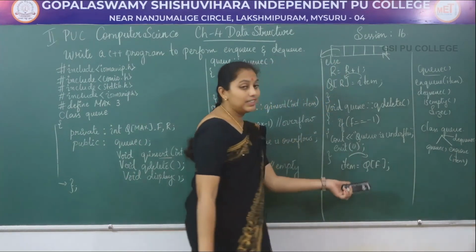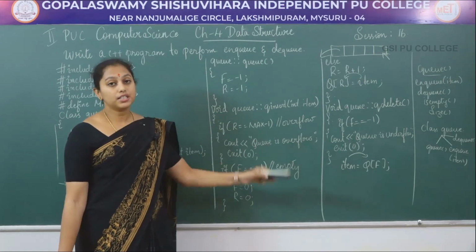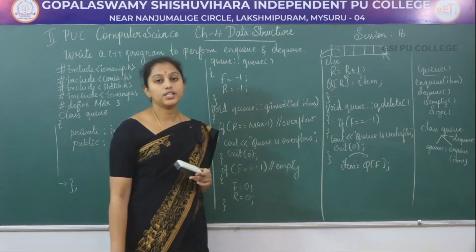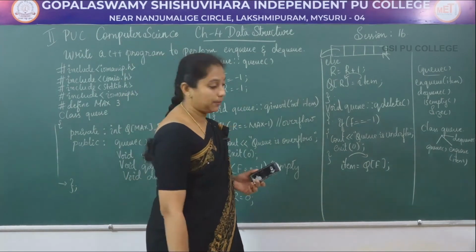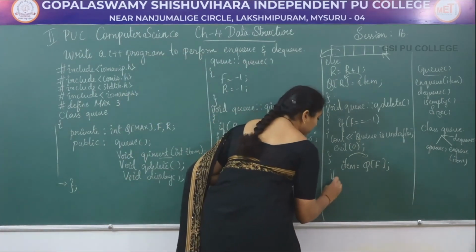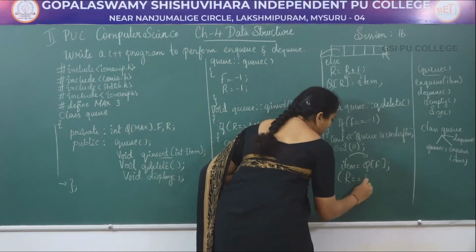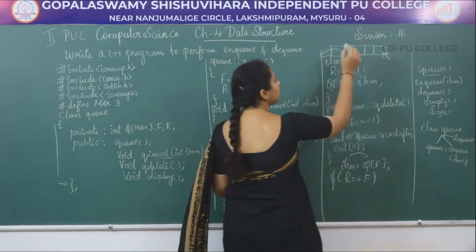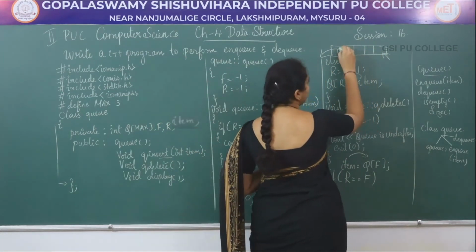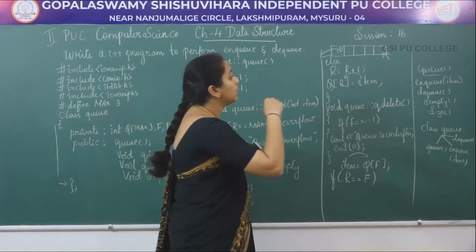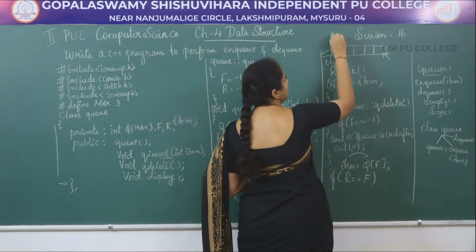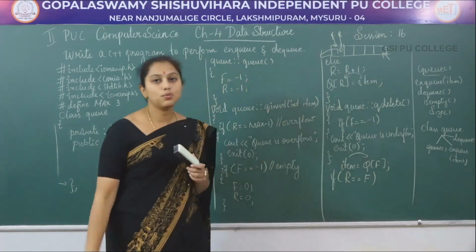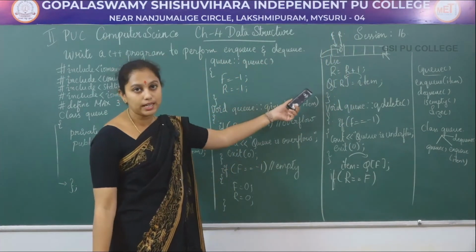After deleting an item, we check for another condition, that is, whether the queue contains only one item. If rear is equal to front, that is, if this queue contains only one element, the front pointer and the rear pointer point to the same item.